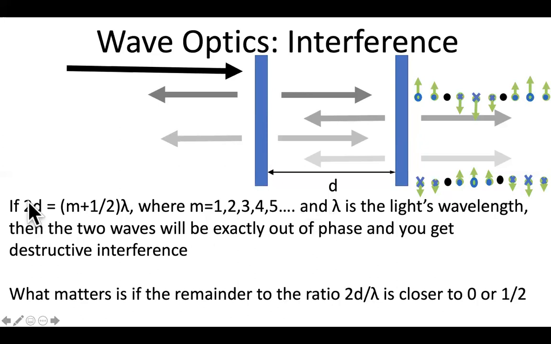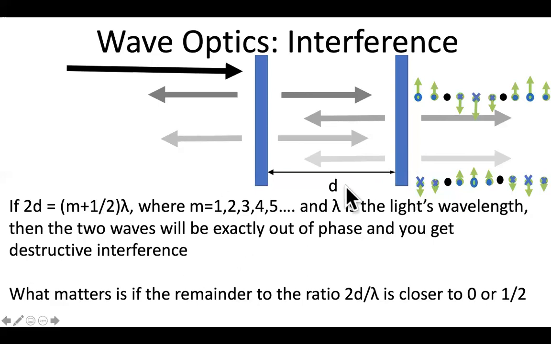So the cancellation happens when this distance 2D is the wavelength times m plus 1/2, where m is again an integer. It can be 20.5, it could be 81.5, it could be any of those. As long as it's close to an integer plus a half, you will get destructive interference.